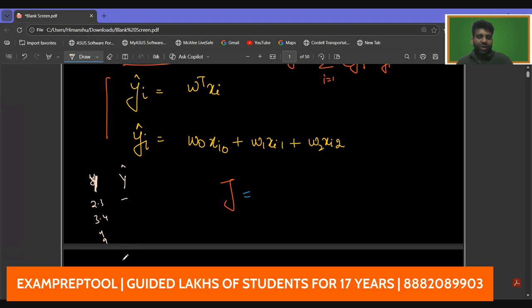Let me take it a little up so you can see. Let's say over here you predicted 2, over here 3.5, corresponding to 4 you predicted 3, corresponding to 9 you predicted 10.5. So you can see now your capital Y and capital Y hat are proper vectors.